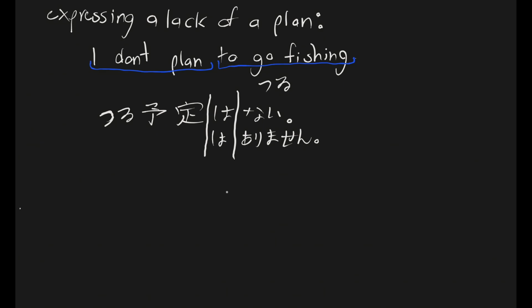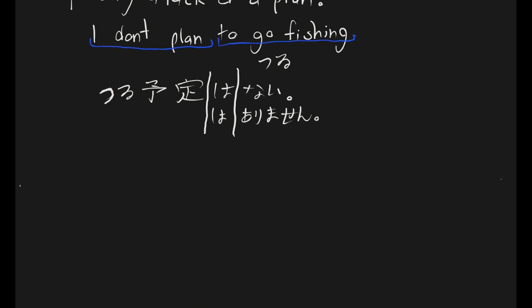Those are the two ways, casual and formal, to say I don't plan to go fishing. Remember, we don't touch the verb here. We touch the ending to yote. We don't make the verb negative, because just making the verb negative does not change the intention that you're giving.